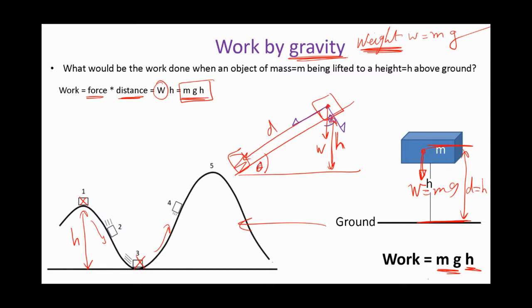This angle equals this angle, and we can discuss it later if you don't understand why. So this is W cosine theta, and this is W sine theta. Which part causes the motion? W sine theta. So the work done equals W sine theta times the distance d.